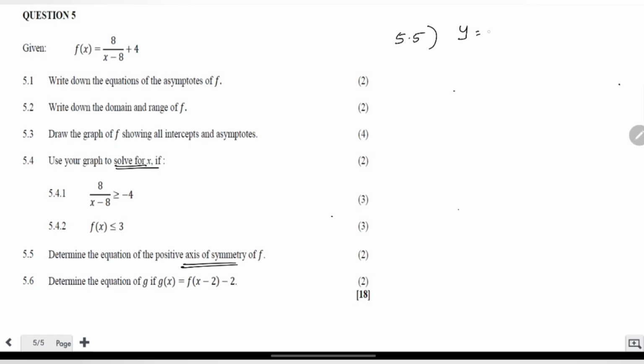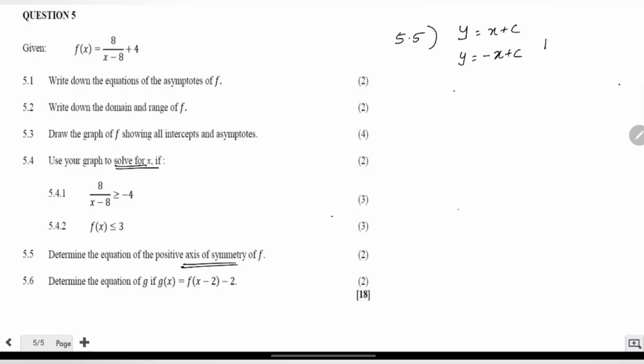The formula I will write here: y is equal to x plus c is the axis of symmetry with the positive gradient. You can see the gradient is positive. Gradient means coefficient of x, isn't it? Positive one. Then negative, if the question is about negative gradient, you are supposed to use this formula: y is equal to minus x plus c.